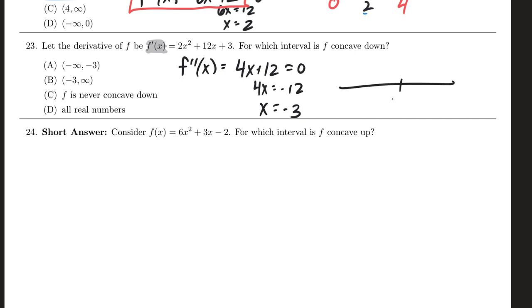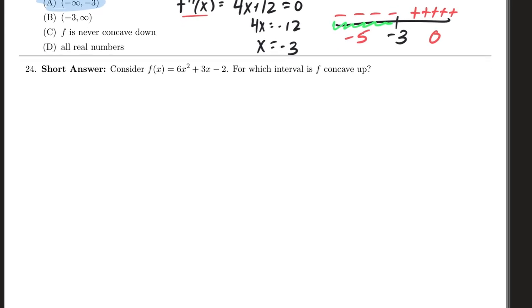Now our number line just has negative 3. Some test points are 0 and negative 5. If I plug in 0, I'm going to get 12. Again, I'm plugging into the second derivative, so that's positive. If we plug in negative 5, negative 20 plus 12 is negative. So if I want to be concave down, it's to the left of negative 3, which is A.